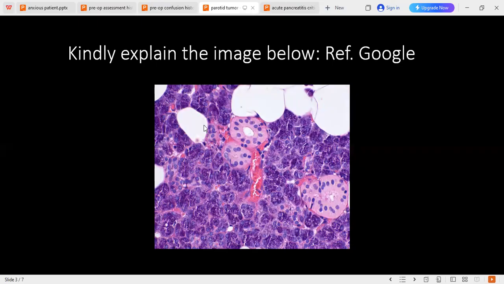These are the secretions or chondroid matrix around the normal parotid glands. These are ductules, and around the ductules are the myoepithelial cells. Which stain is this? It is the eosin and hematoxylin stain.